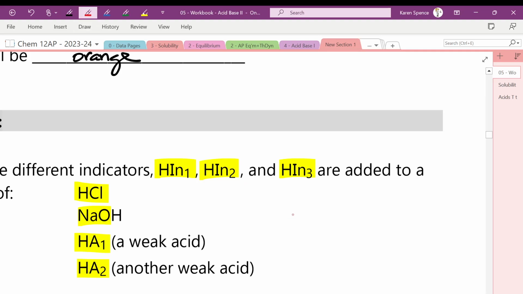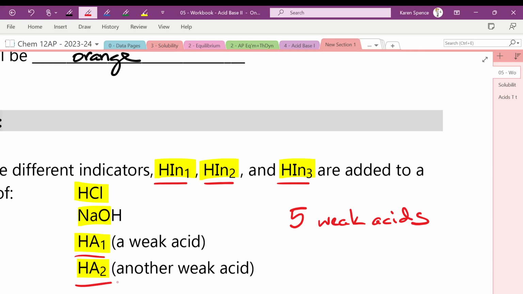Yes, all of the indicators are weak acids. We also have in those solutions, if you have a weak acid, what else is by definition present? Conjugate bases.